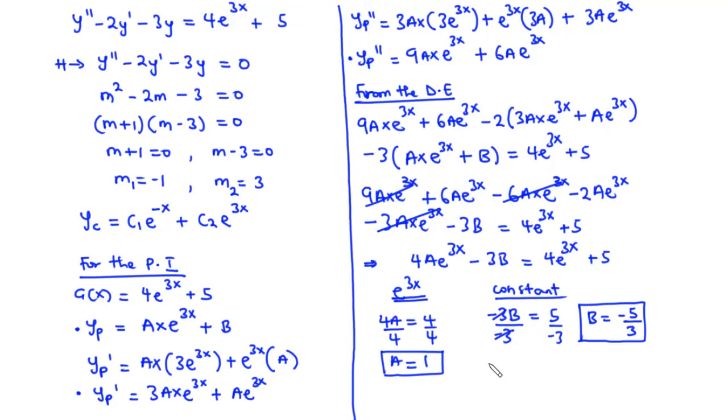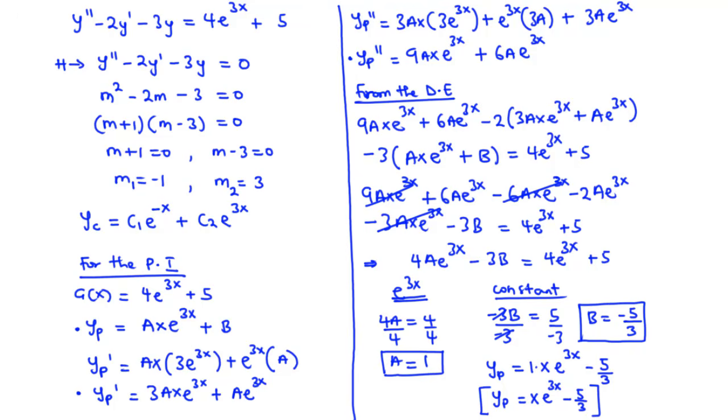So for the particular integral, yp equals a, which is 1, so 1 times x times e^(3x) plus b, which is negative 5 over 3. So we have yp equals xe^(3x) - 5/3. This is the particular integral.